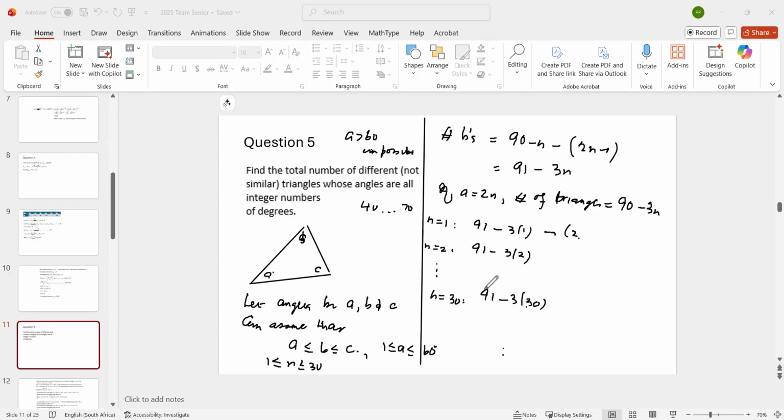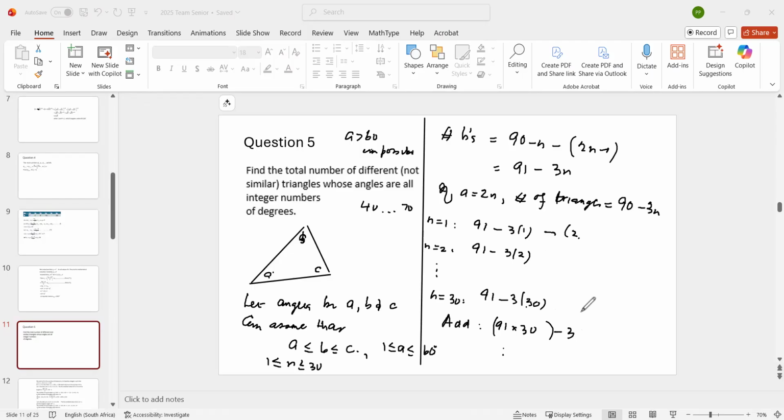So you have 30 numbers. You have to add up all these things. So add, you get 91 times 30 minus 3.